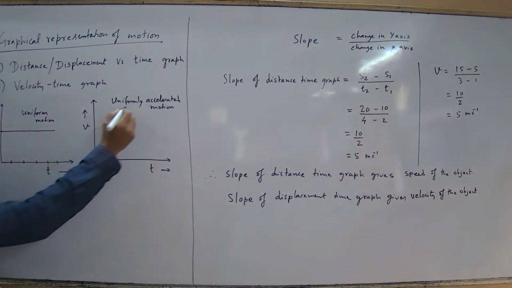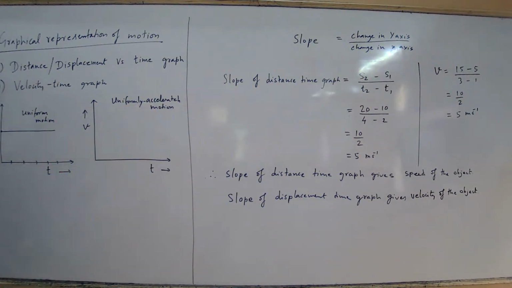Uniformly accelerated means what? What is constant in this case? Acceleration is constant. Means velocity is changing constantly. Velocity is increasing by equal amount in equal interval of time. So you should get a graph like this.